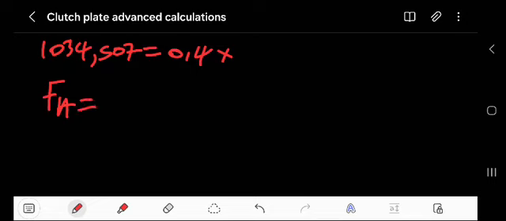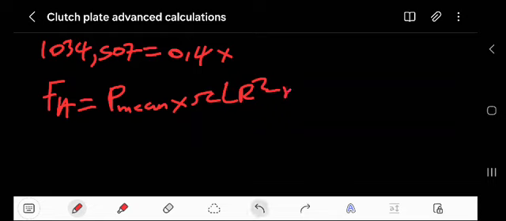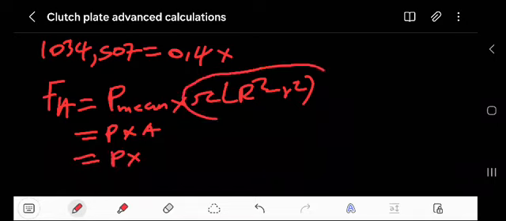Fa will be equals to pressure, right? Pressure mean multiplied by pi into R squared minus r squared. But we can simply just say P is pressure multiplied by area.